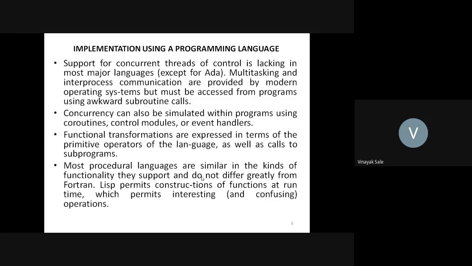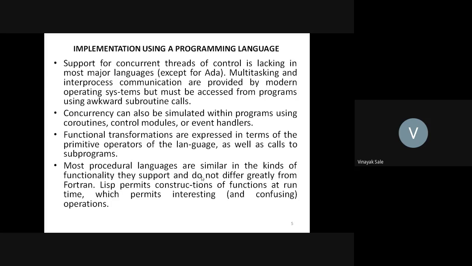Support for concurrent threads of control is lacking in most major languages except Ada. Multitasking and inter-process communication are provided by the modern operating system but must be accessed from the programs using subroutine calls. Concurrency can also be simulated within programs using coroutines, control models, or event handlers.